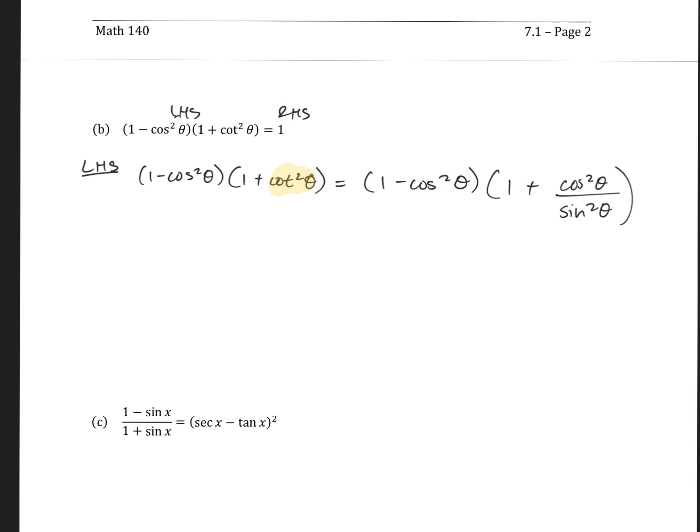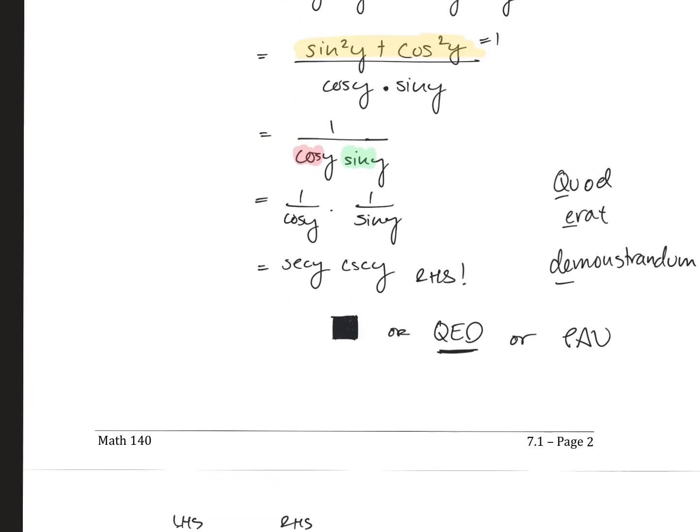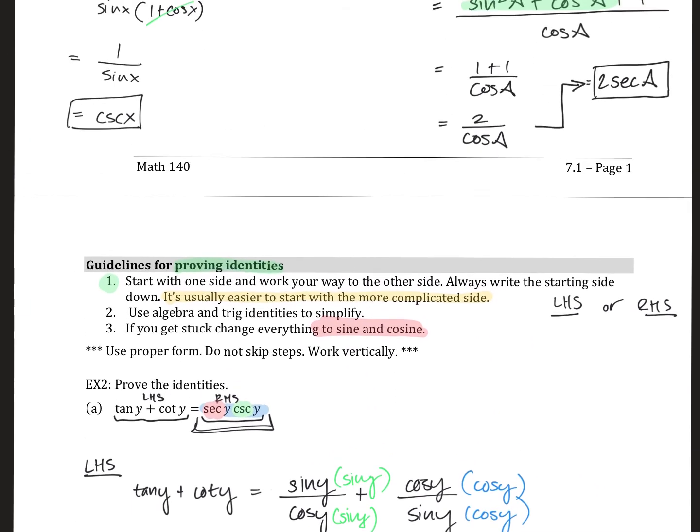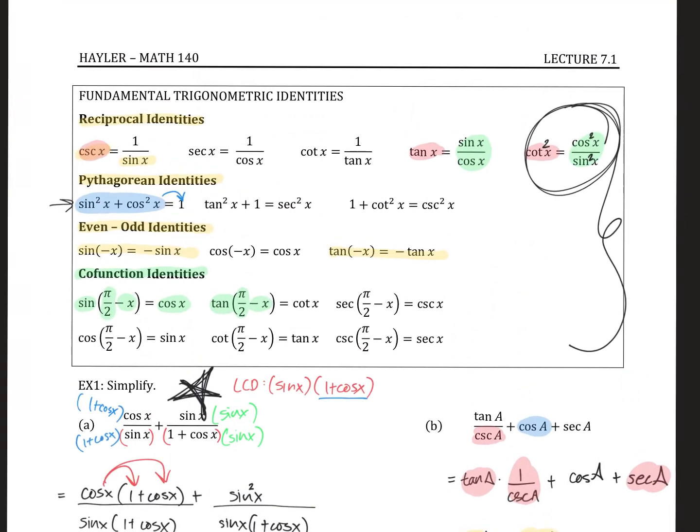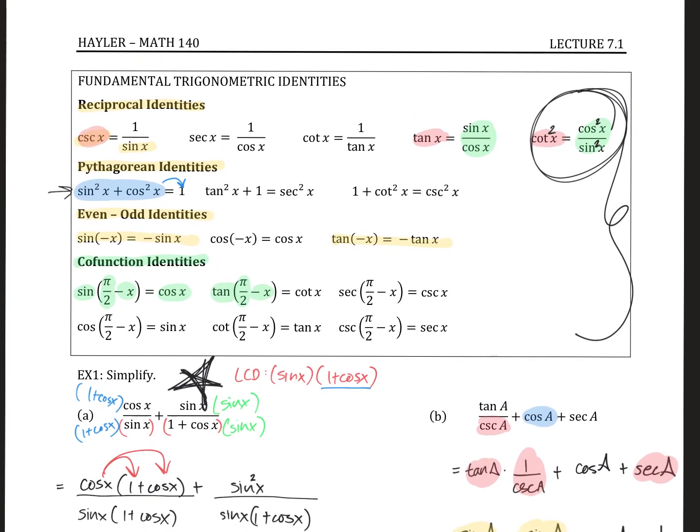So now, I want to see if I can simplify this any further. So, I have all these pluses and minuses. Let's see if I have any of those in my identities. You know what? I have a 1 and a cosine in my problem. So I wonder if I can simplify with this. Let's go ahead and check.